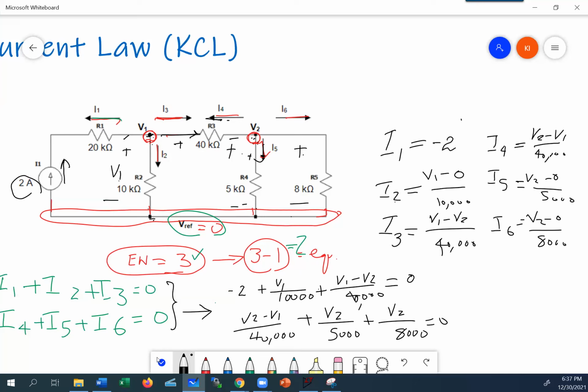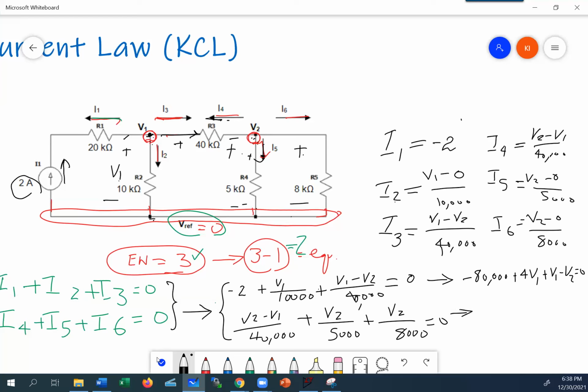Now, the beauty is now I have two equations, two unknowns, and I can solve it. If you do it manually, you basically find a common denominator. The common denominator for this is 40,000. So you multiply both sides of the equation by 40,000, and this gets simplified to minus 80,000 plus 4V1 plus V1 minus V2 equal to 0.